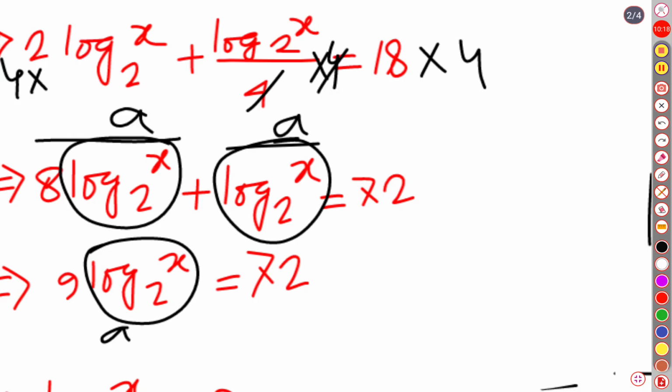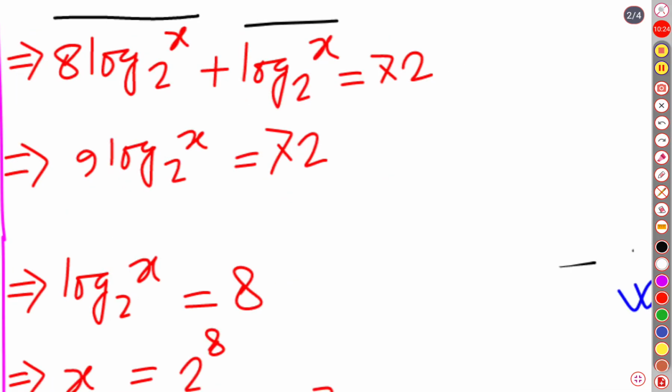So a is actually our log base 2 of x. Then if both sides are divided by 9, it will be 1 on the left and 8 on the right. So on the left side there is only log base 2 of x, and on the right side there remains 8.